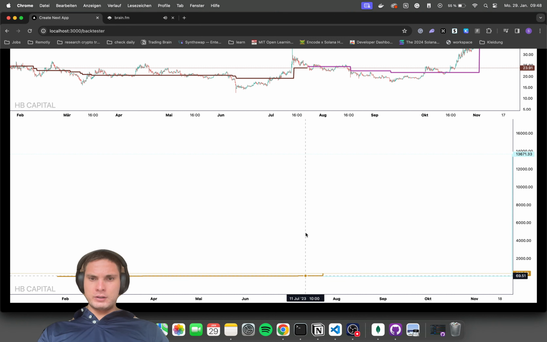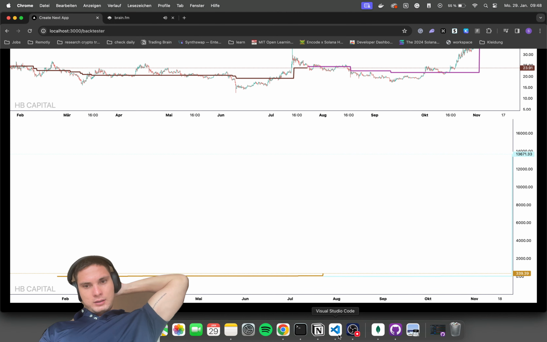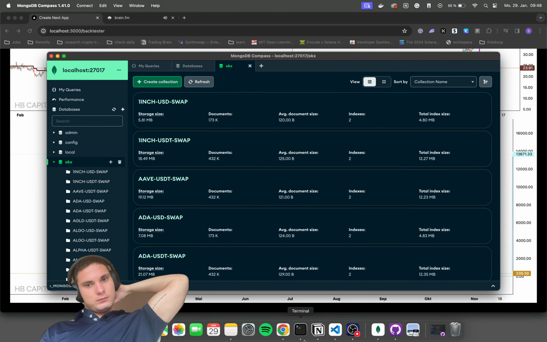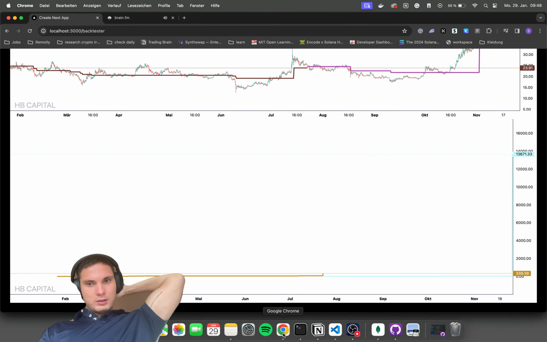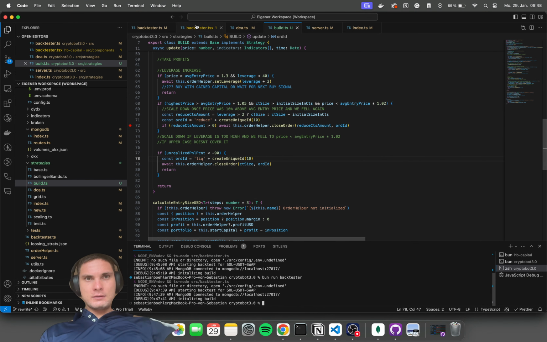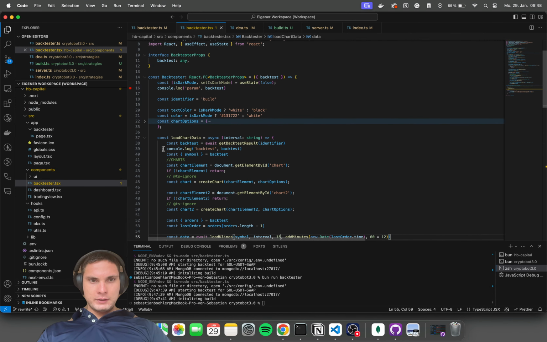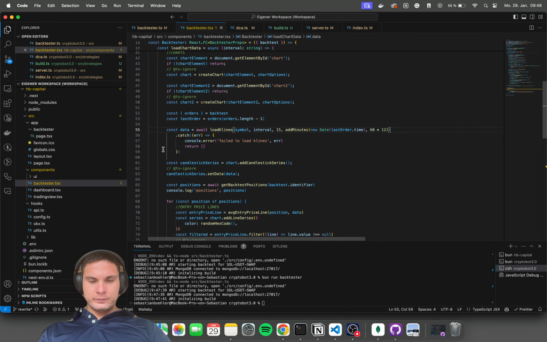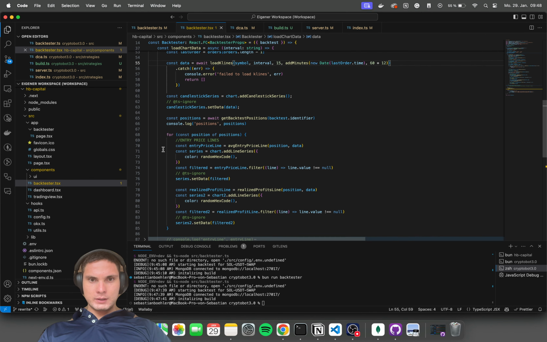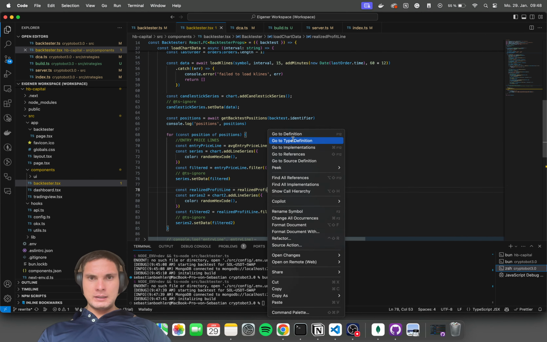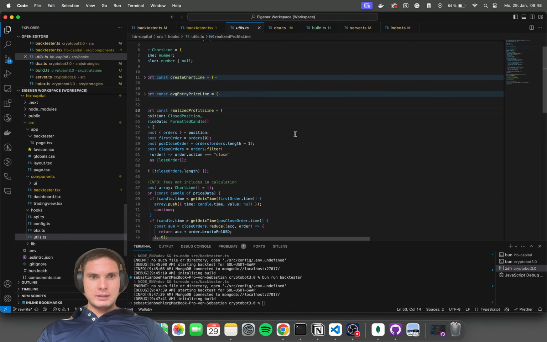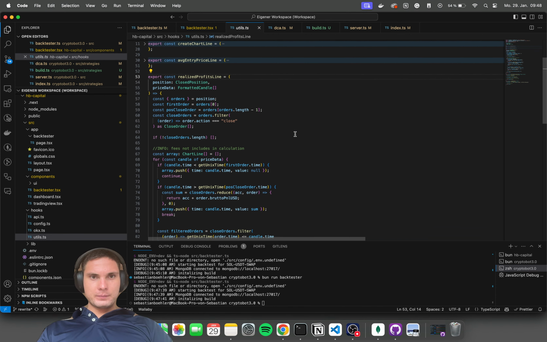And we would of course have to add the profits. This is actually something I want to do now, real quick. Realized profits line. Realized profits line.